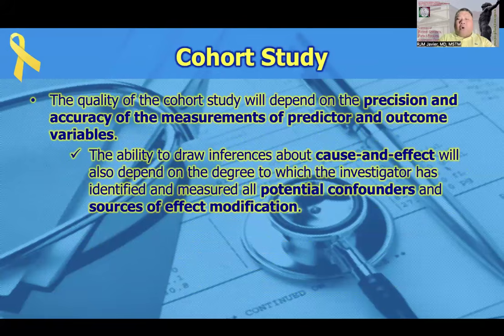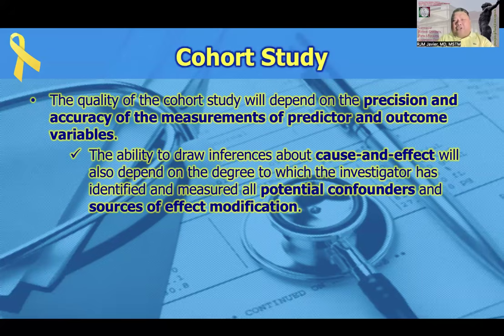Now, the quality of the cohort study will depend on the precision and accuracy of measurements of predictor and outcome. So again, I'm not sure if you will recall, but a few weeks ago we also had the lecture on precision and accuracy. This will also be discussed in brief later on when we go to cohort to cross-sectional studies.